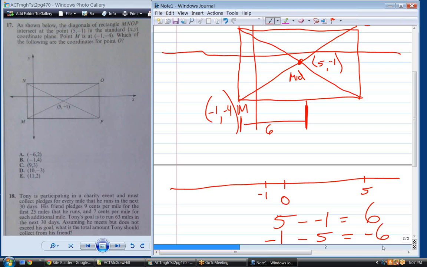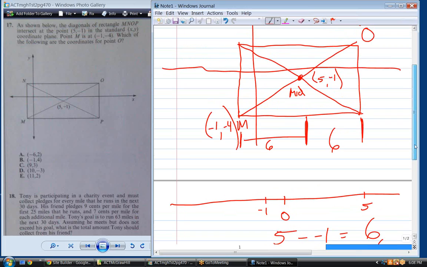I'm going to have a different sign depending on which one is first, but in this case, I'm going to the right. So I know I'm increasing my x-coordinate by 6 units. So that's what I have to do from here to here. This distance also has to be 6 for the x-coordinate.